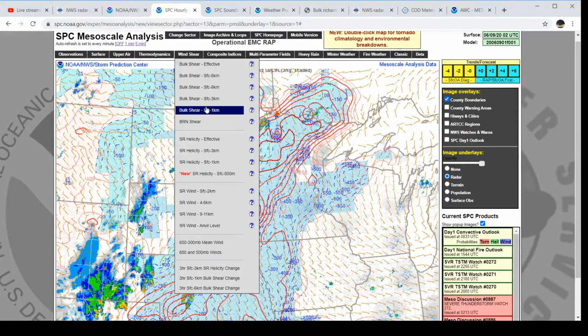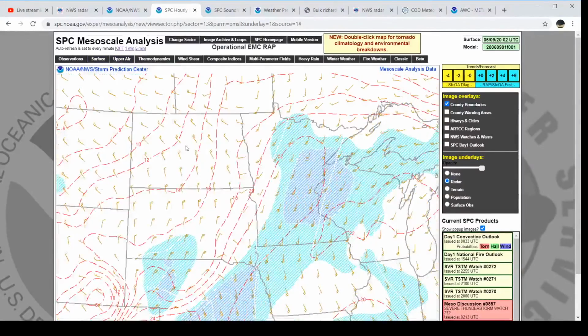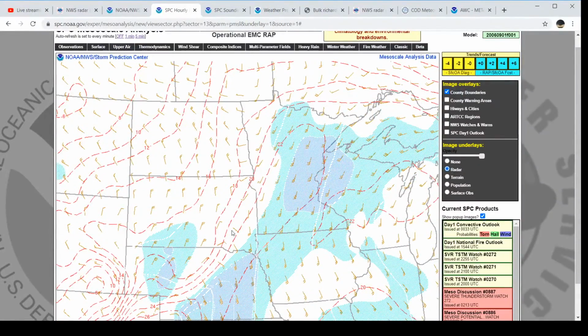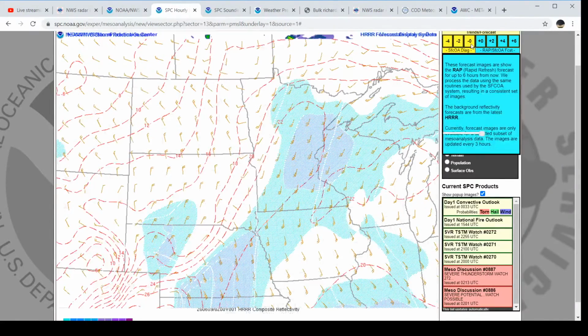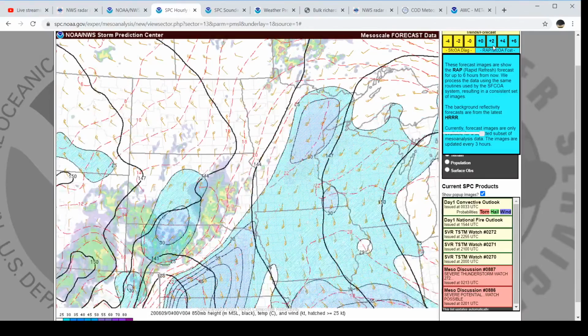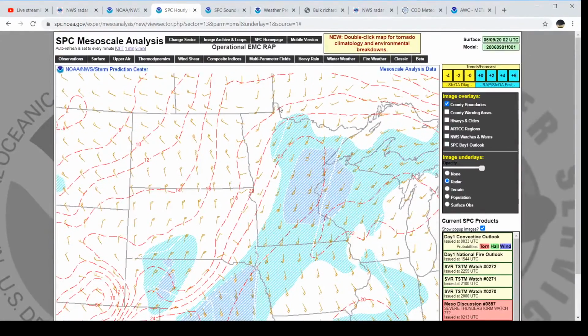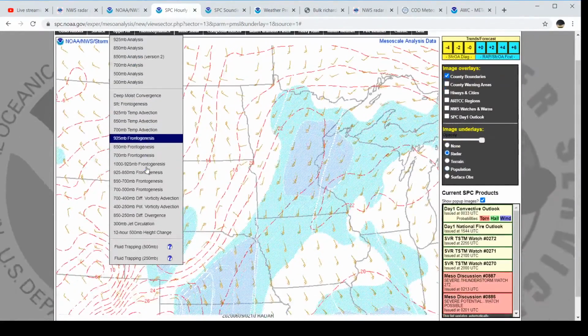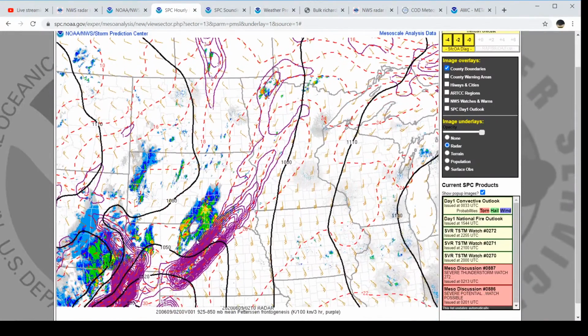So they were saying our winds are increasing. So let's see what's happening with our 850. Uh-oh, it may be updating. I don't know what it's doing. It's doing its own thing. Oh yeah, right here, genesis.